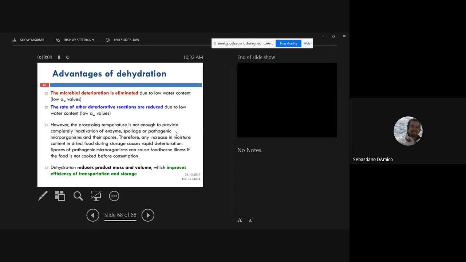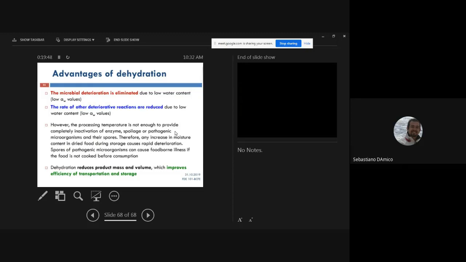Do we have any advantage of dehydration? Well, yes. The microbiological deterioration is eliminated due to the lower water content, and that's what we always refer to. The rate of other deterioration reactions is also reduced, again because of the lower water content. The process temperature is not enough to provide complete inactivation of enzymes, spoilage or pathogenic microorganisms.